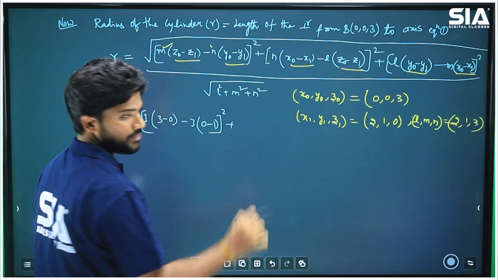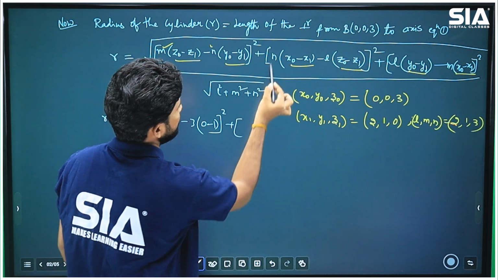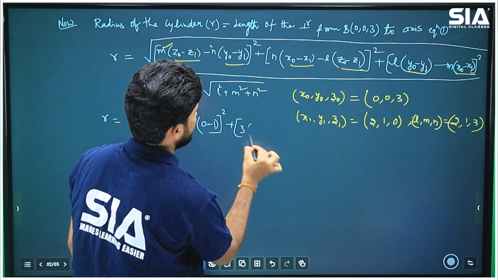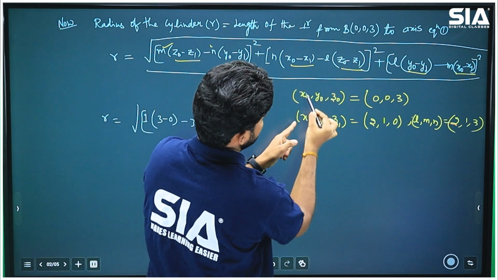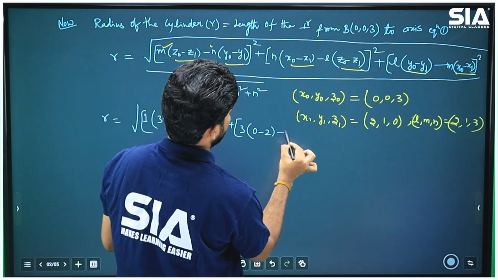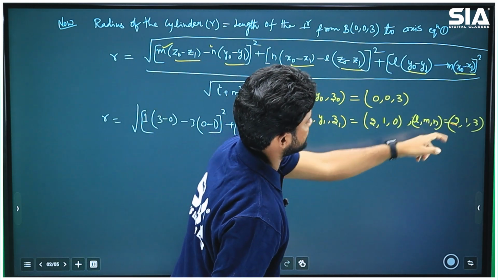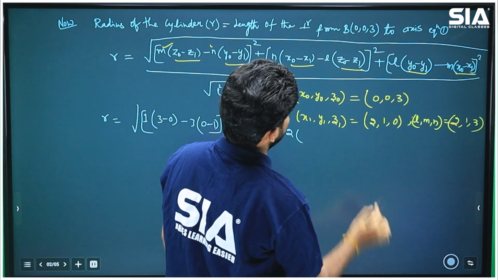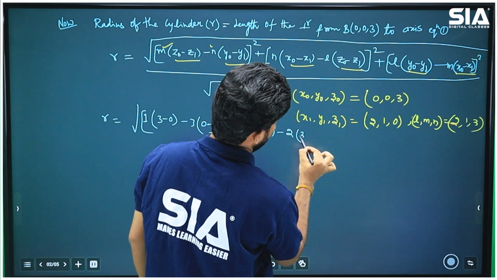Plus next, n is 3, so 3 into x0 minus x1, which means 0 minus 2, minus l, where small l is 2, into z0 minus z1, which means 3 minus 0, whole square.